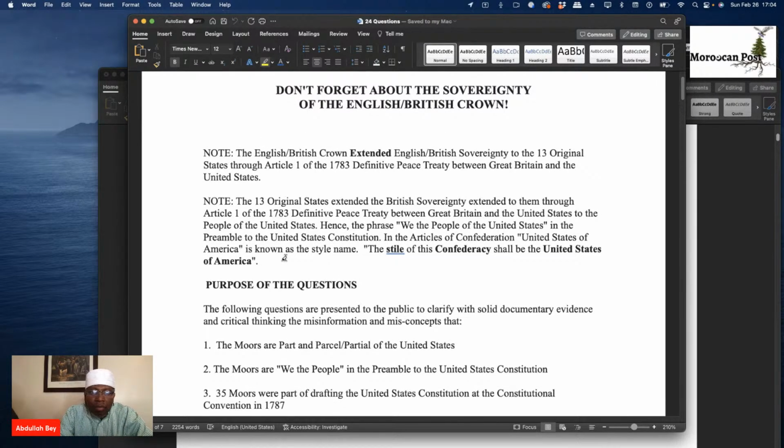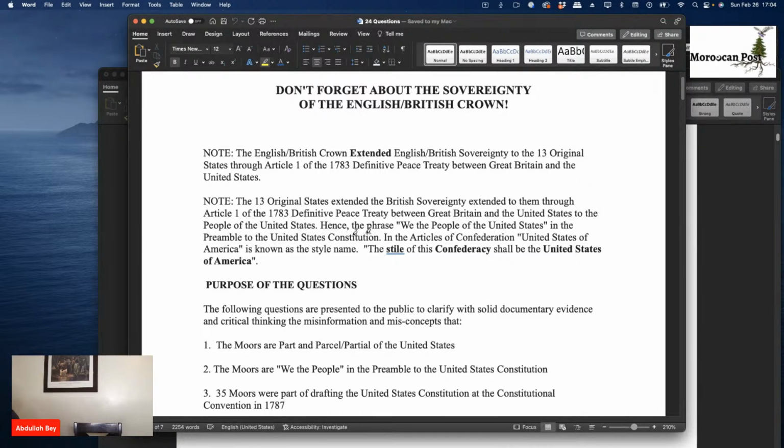Don't forget about the sovereignty of the English British Crown. Note, the English British Crown extended English British sovereignty to the 13 original states through Article 1 of the 1783 Definitive Peace Treaty between Great Britain and the United States. Note, the 13 original states extended British sovereignty, extended to them through Article 1 of the 1783 Definitive Peace Treaty, to the people of the United States.